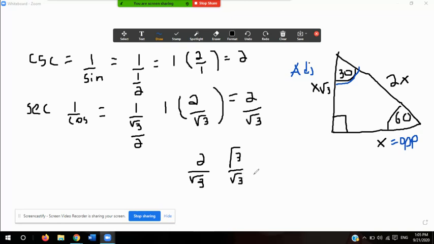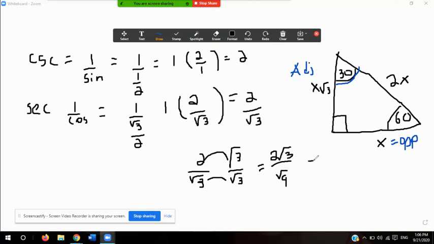And basically the same thing that happened in the other example, the square root of 3 times the square root of 3 is the square root of 9. Again, this step can be done mentally, but just so you guys have an idea of what's happening. 2 times the square root of 3 equals 2 times the square root of 3.